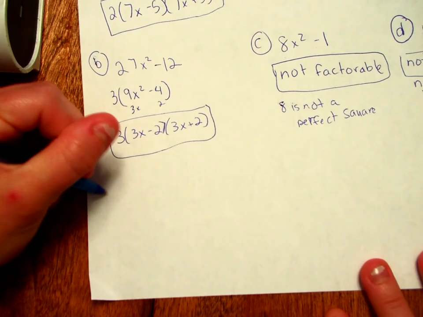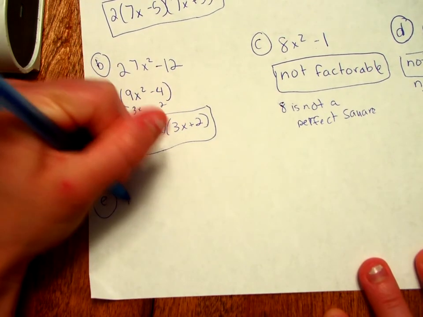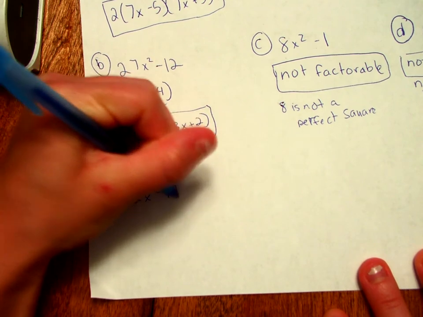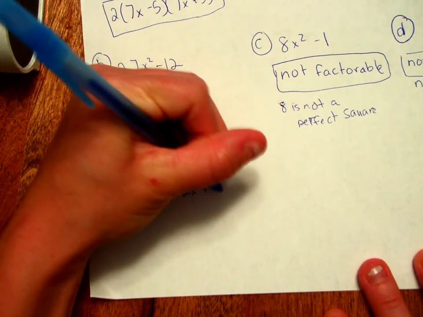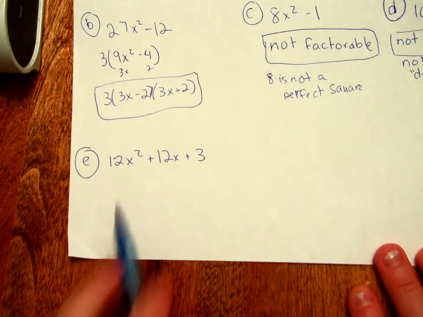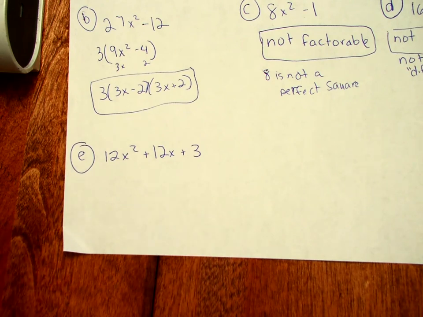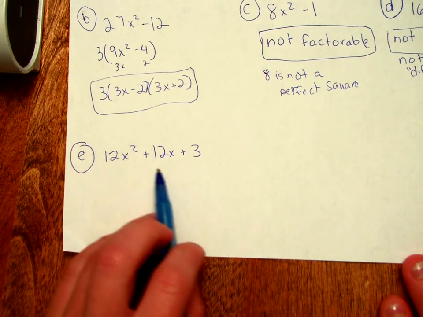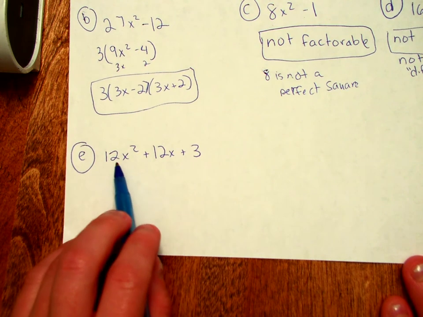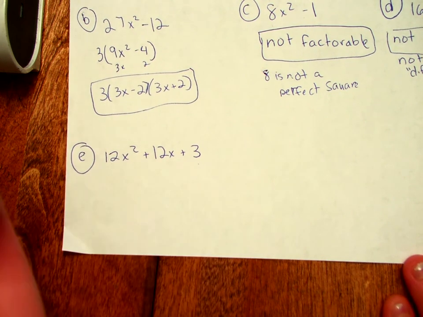All right, let's look at one more here. We have 12x squared plus 12x plus 3. So again, looks like it could fit under the bill of a vertical ABC. Maybe might fit under perfect square. Not right now though, because 12's not and 3's not. But let's see what we can do.